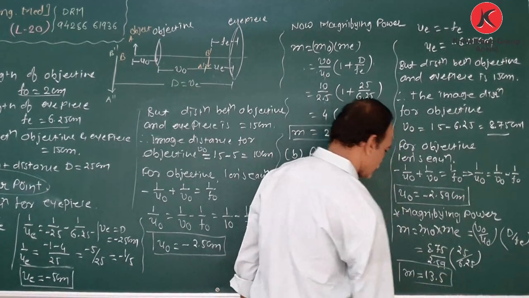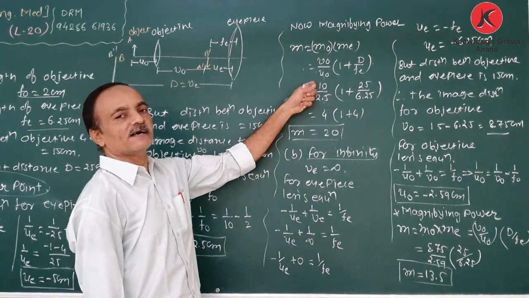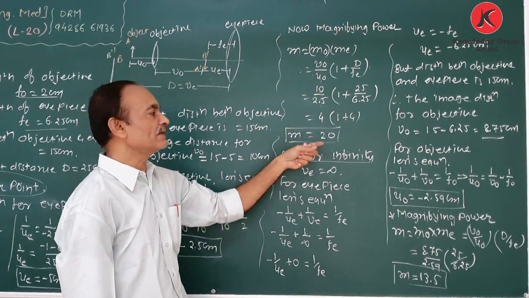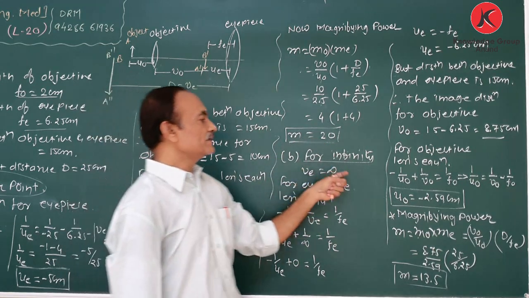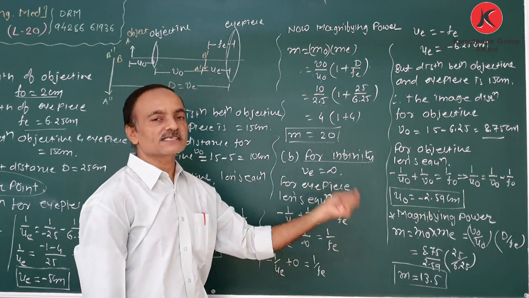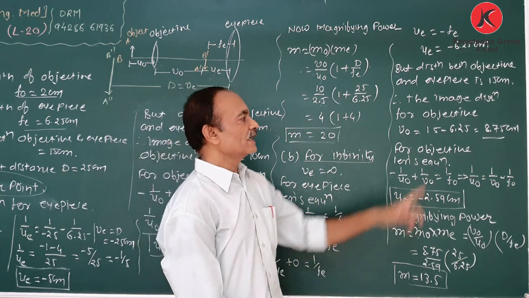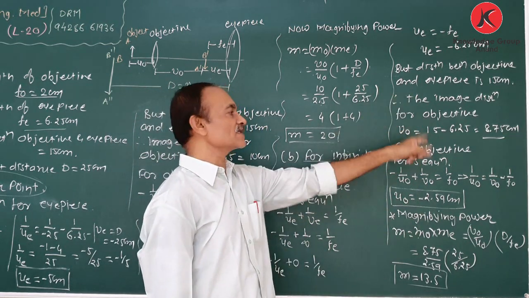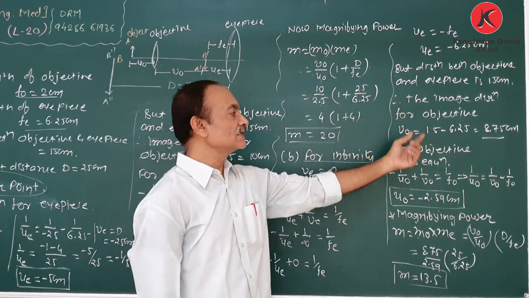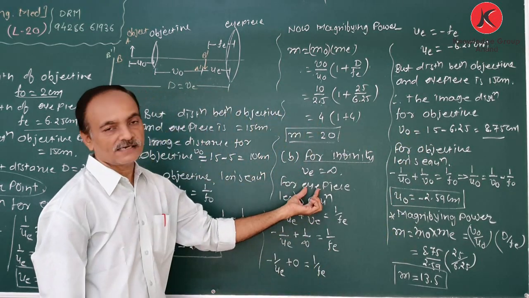Simplify it yourself. So now what has happened? In the first case, if the image is formed at near point distance, the magnification is 20. Now, if the image is formed at infinite distance, the magnification is reduced to 13.5. So in the second case, the image formed by the objective must be on the principal focus of the eyepiece. As a result, the final image formed by the eyepiece is at infinite distance.